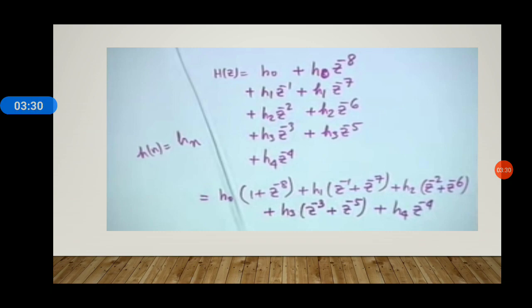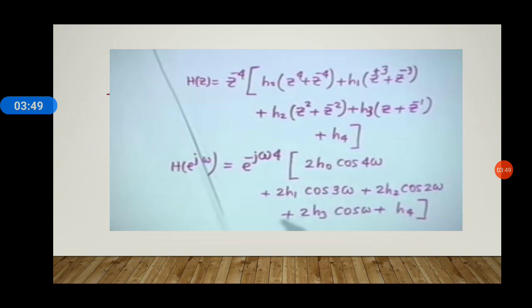Now h2 is the same as h6, so h2 z to the power minus 2 plus h2 z to the power minus 6. And h1 z to the power minus 1 plus h1 z to the power minus 7, as h1 is equal to h7. In this way we have written H(z).